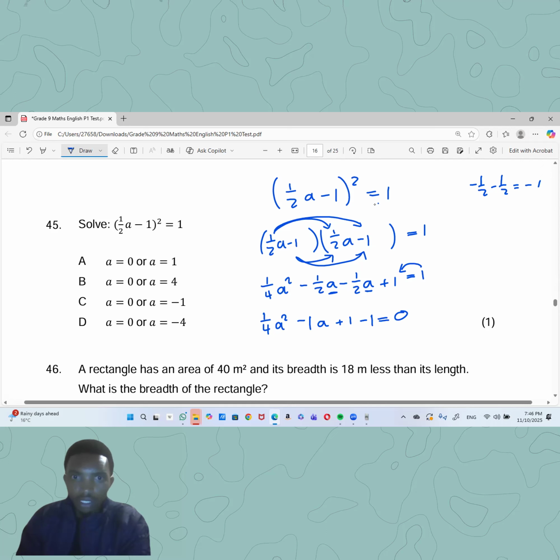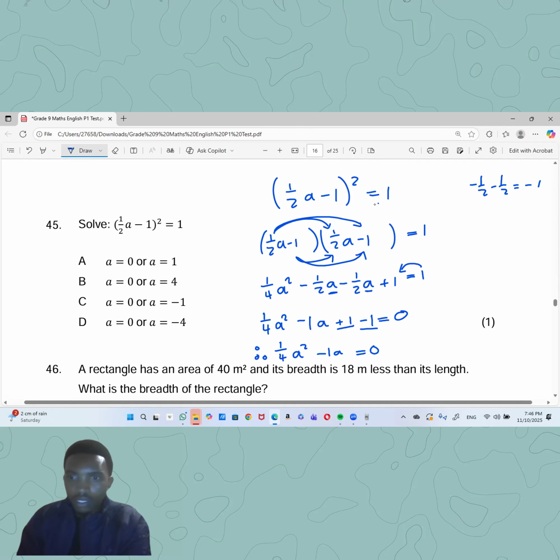Then we move on. Do you have any like terms at this point? Yes, which is what? +1 and −1. So +1 −1 is going to give us how much? Sorry, +1 −1 is how much? It is 0.